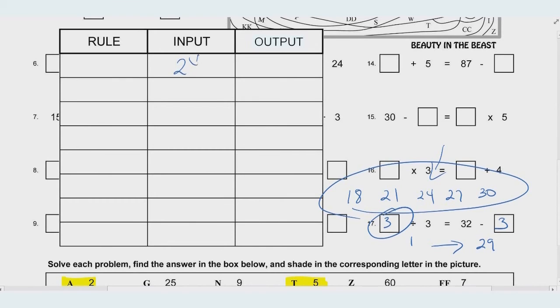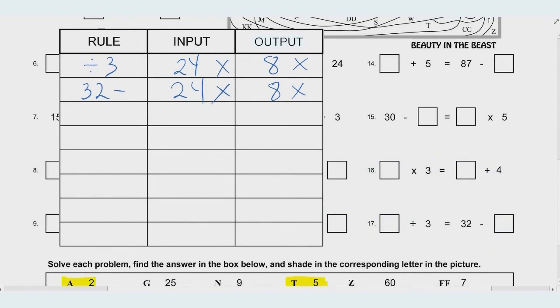So we put 24 as our input. We have divided by 3. We have 32 minus. And 24 divided by 3 is going to give us 8. And 32 minus 24 is going to give us 8. Woohoo! We got that one taken care of. So our answer in the box is going to be 24.